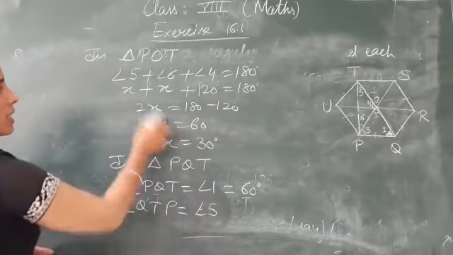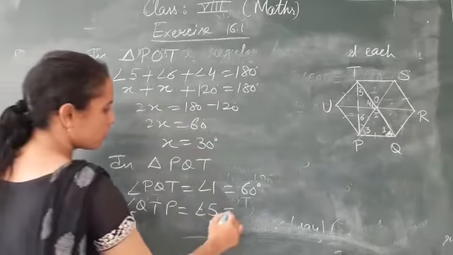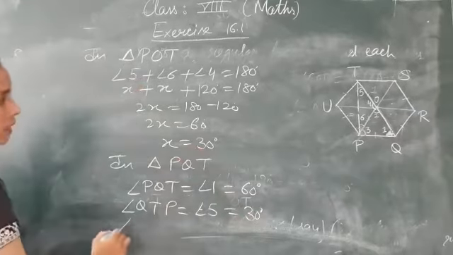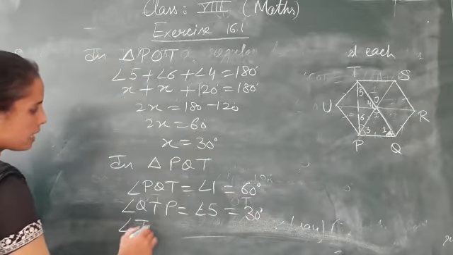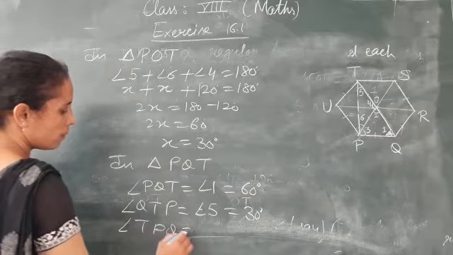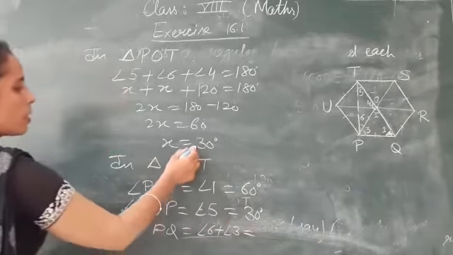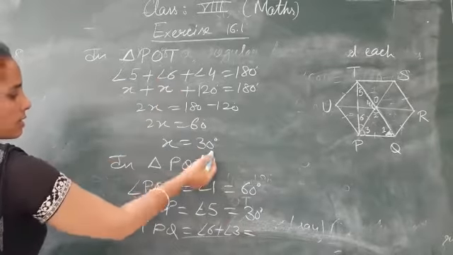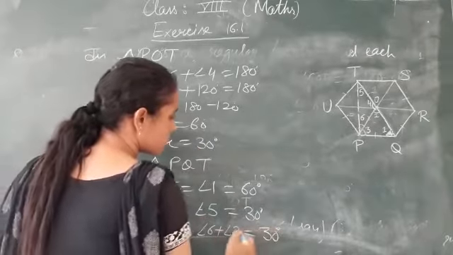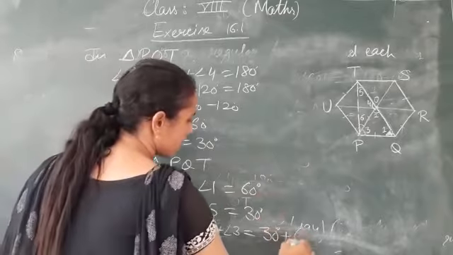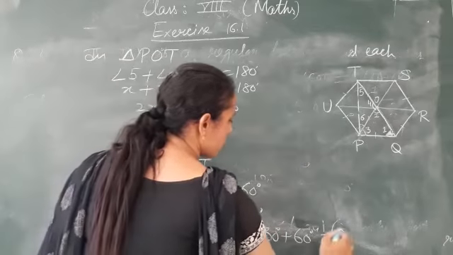Angle 5 we got as 30 degrees, this x is 30, so angle 5 is 30. And last angle is angle TPQ. TPQ is angle 6 plus angle 3. Angle 6 we got 30 degrees, x is 30, and angle 3 we have taken 60 degrees, so this becomes 90 degrees.